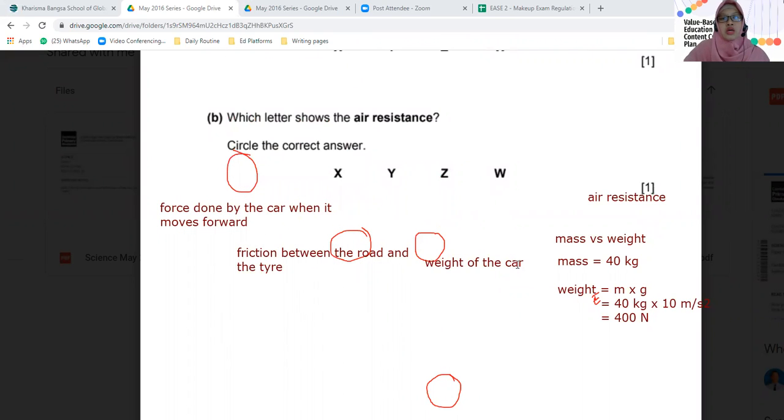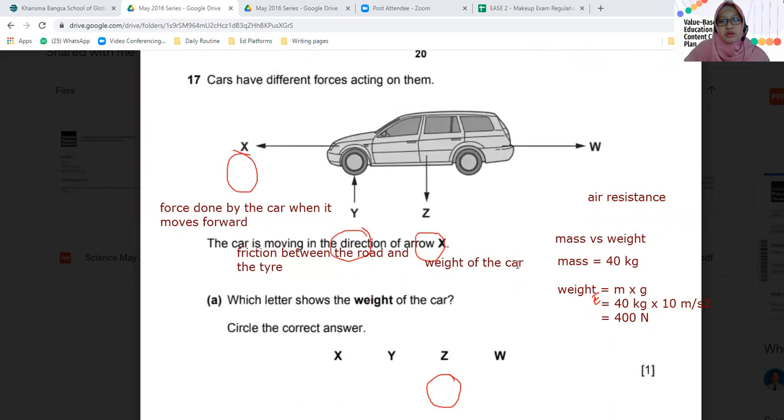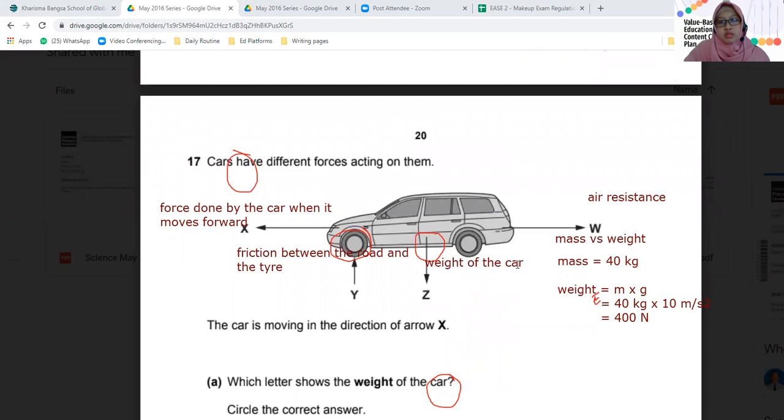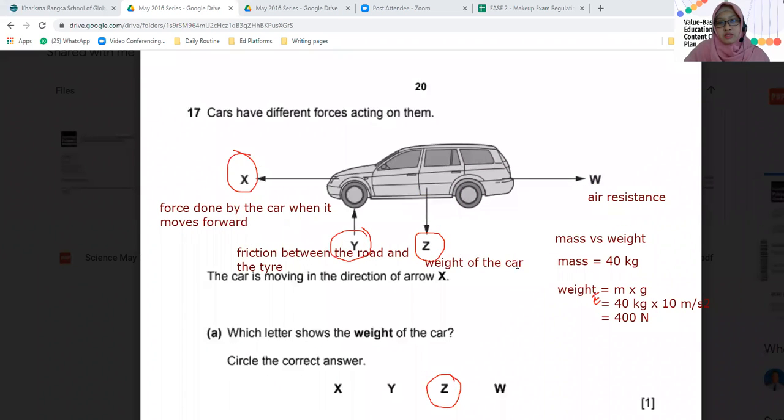Let's continue. Which letter shows the air resistance? We know that air resistance causes slow movement. In this picture, since the car is moving forward, the air resistance is in the opposite direction of the car.